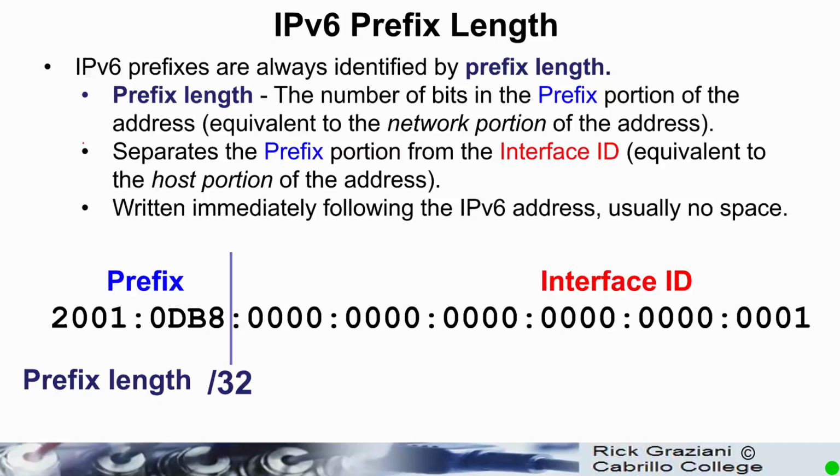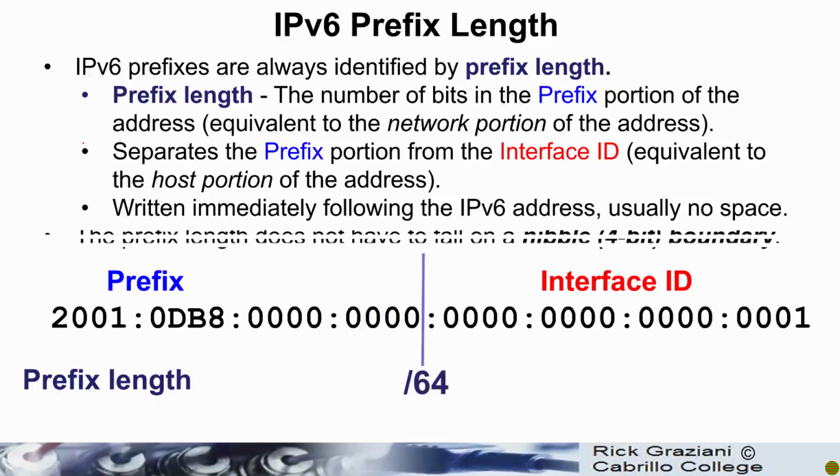If we do a 48-bit one, it'll be there. If we do 52 or 56, because again, each number is 4 bits. The prefix length does not have to fall on a nibble, so it doesn't have to fall on a 4-bit boundary.